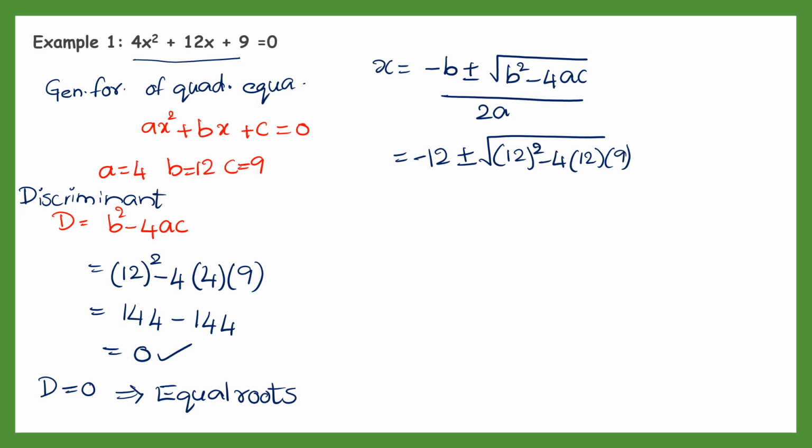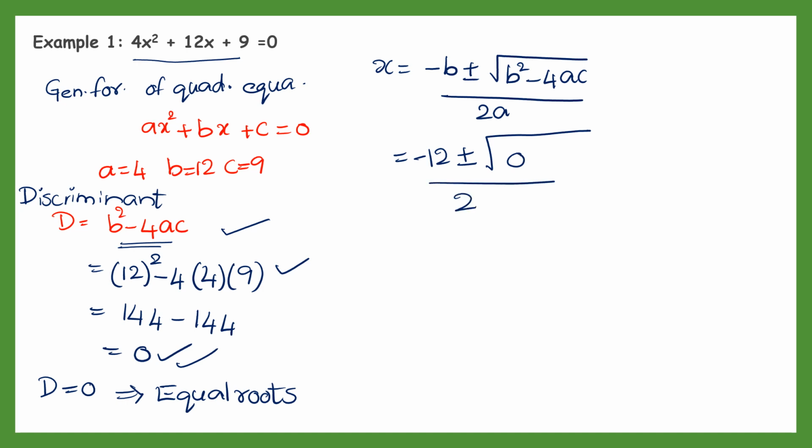We did not need to find the value of b² - 4ac again, because we already solved it and got 0. So x = (-12 ± √0) / (2 × 4). Root 0 is nothing but 0. So x = (-12 ± 0) / 8.